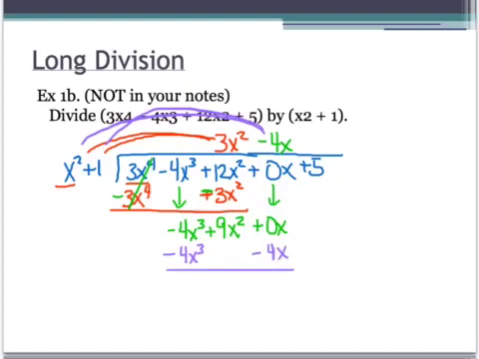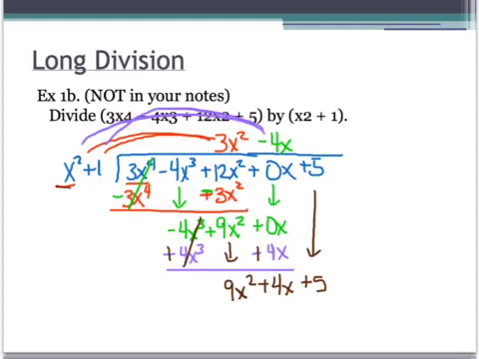Now I still want to do subtraction, but that means that I multiply negative 4x cubed by negative 1, basically, and this by negative 1. It's going to change both of those to positive. So these will go to 0. 0x plus 4x now becomes 4x. And I drop my next term. But I also need to drop this term because it's written before and I haven't used it.